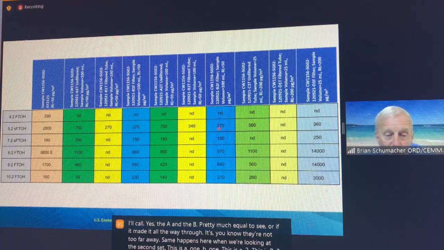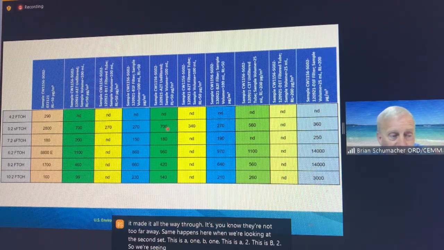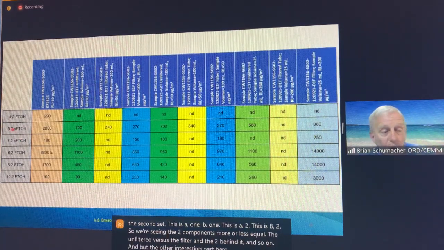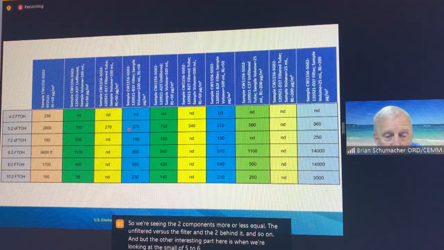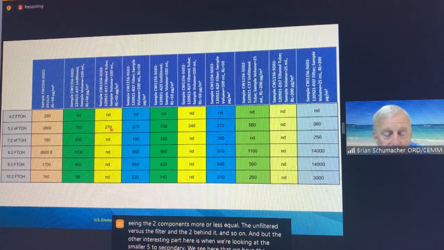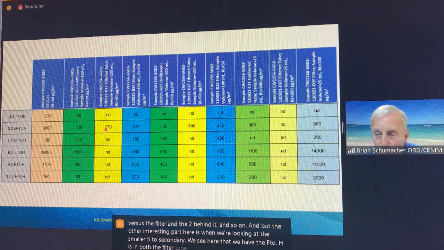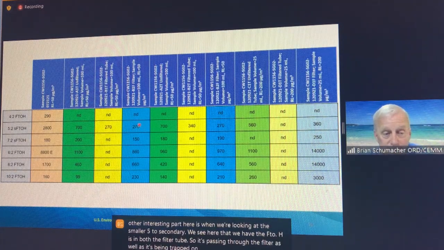So we're seeing the two components more or less equal the unfiltered, versus the filter and the tube behind it. But the other interesting part, when we're looking at the smaller 5,2 secondary, is that the FTOH is in both the filter tube, so it's passing through the filter, as well as being trapped on the filter.